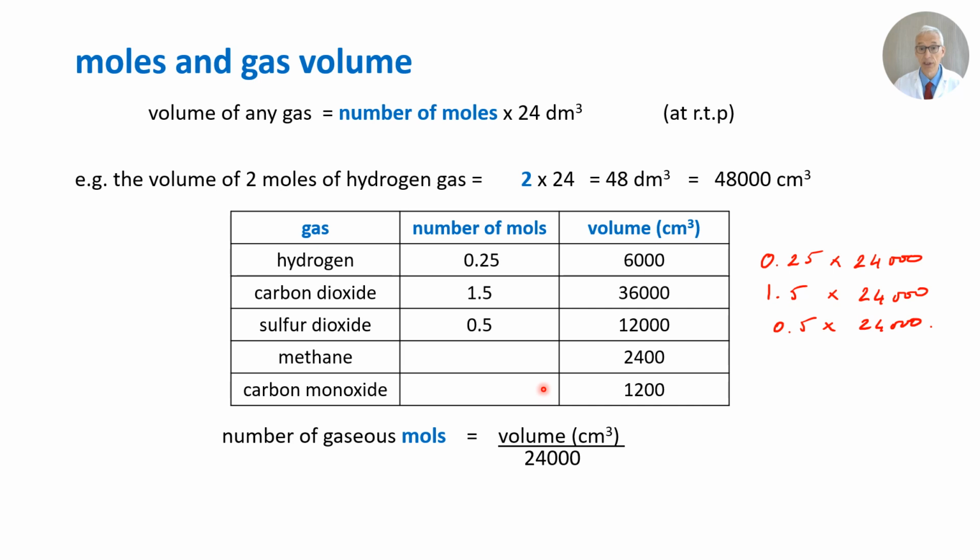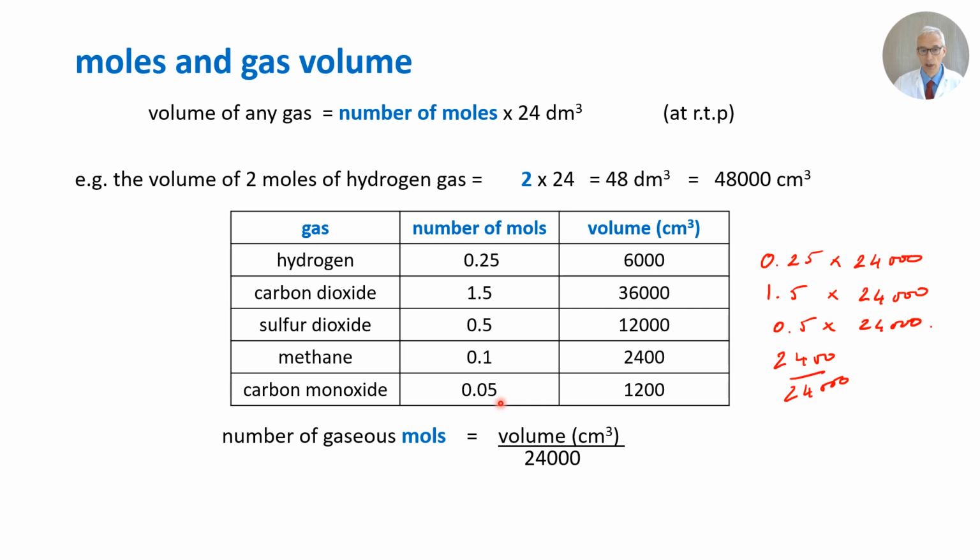If you have, and you're now ready, here's the answer, 0.1. That's simply 2,400 divided by 24,000. And similarly, 1,200 divided by 24,000 is 0.05 moles.